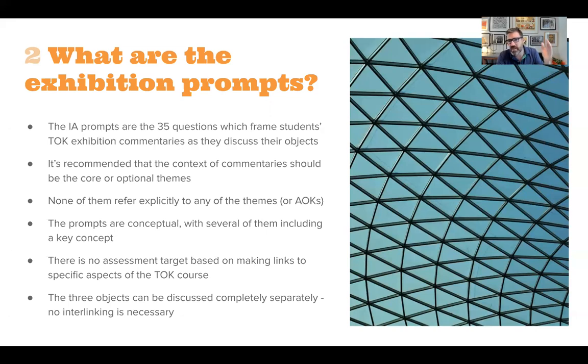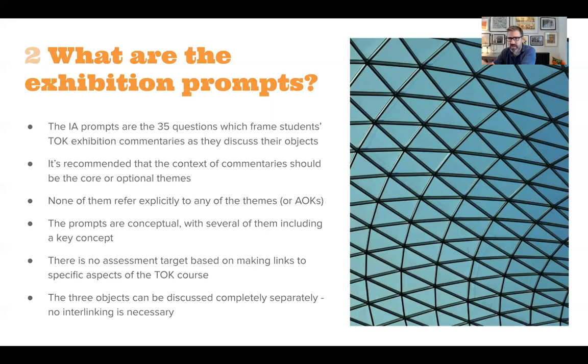Okay, so as I've said, there's no assessment target based on making links to specific aspects of the TOK course. And I think that informs the way we design our TOK courses, because I don't think we should be too narrow, forcing students to do, right, the next 3 weeks we're doing language, the next 3 weeks we're doing knowledge and religion.